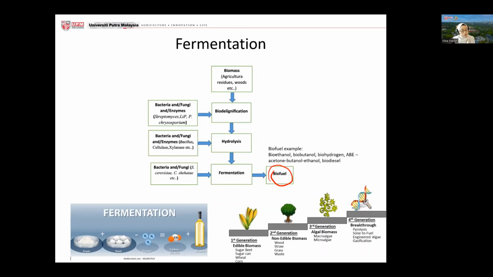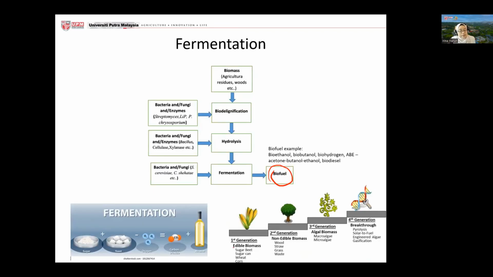If you have ever heard about Brazil, it is one of the biggest producers of bioethanol in the world, because they are also the largest producer of sugar. And they have a supply, so they use that to produce the biofuel. But that is first generation, and people generally do not go for that now because it comes from edible biomass.